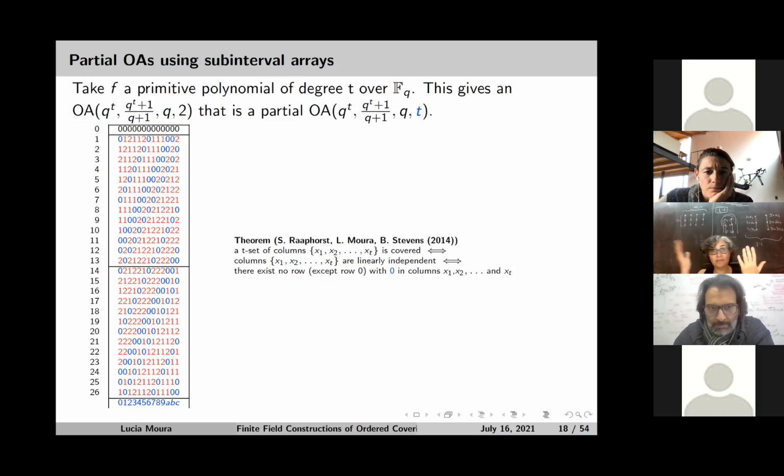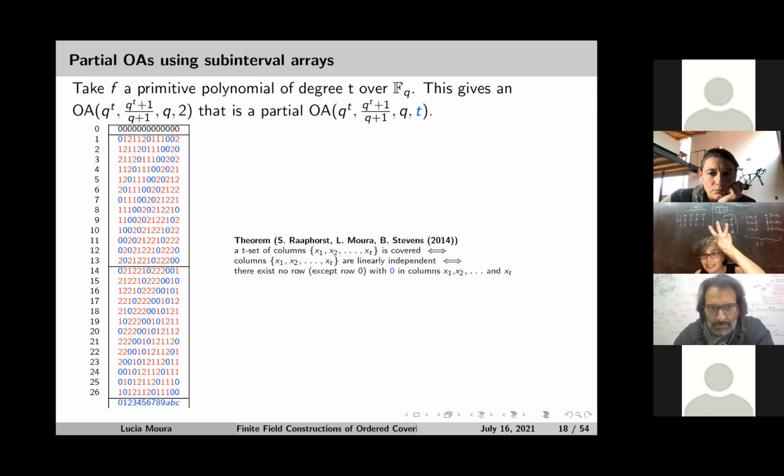But in some combinations of columns, I will not have the coverage, and this has to do with the positions of zeros. For example, here, with t equals 3, this zero and this zero tell me that in these columns I do not have coverage. You remember, the zeros should not appear here if they already appear there. So I would not have full coverage if I already have this repetition of zero. But that's not only necessary, it's also sufficient.